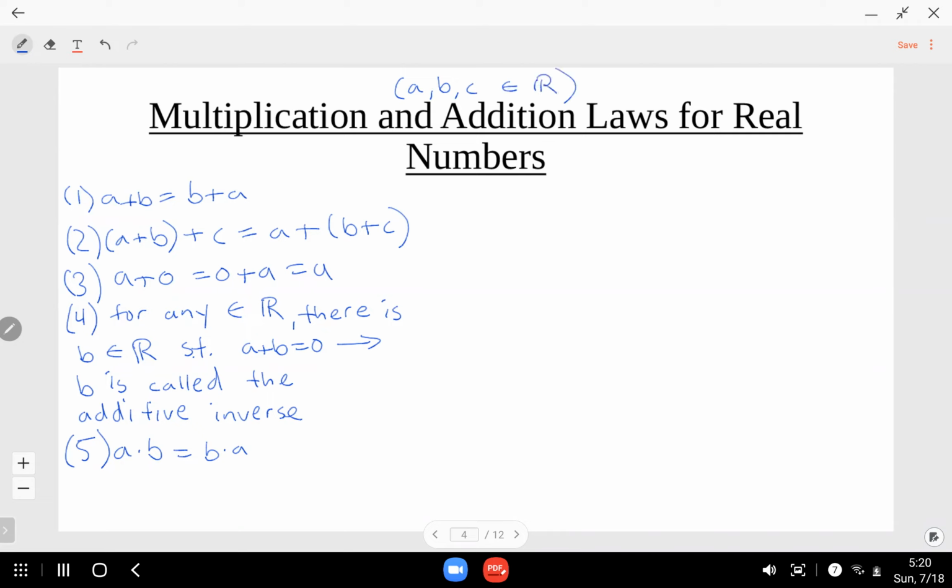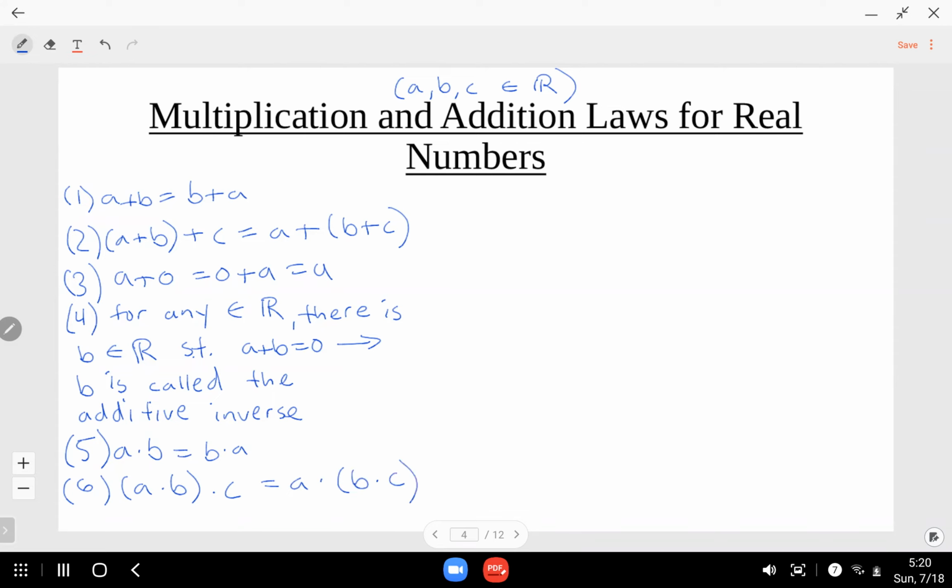And number 6 is the associative property, which is a times b in parentheses times c equals a times the quantity of b times c.